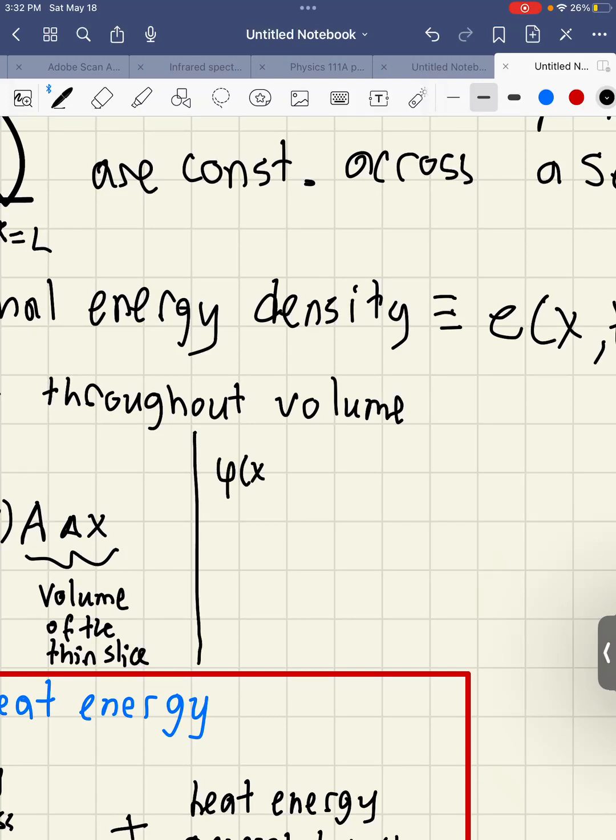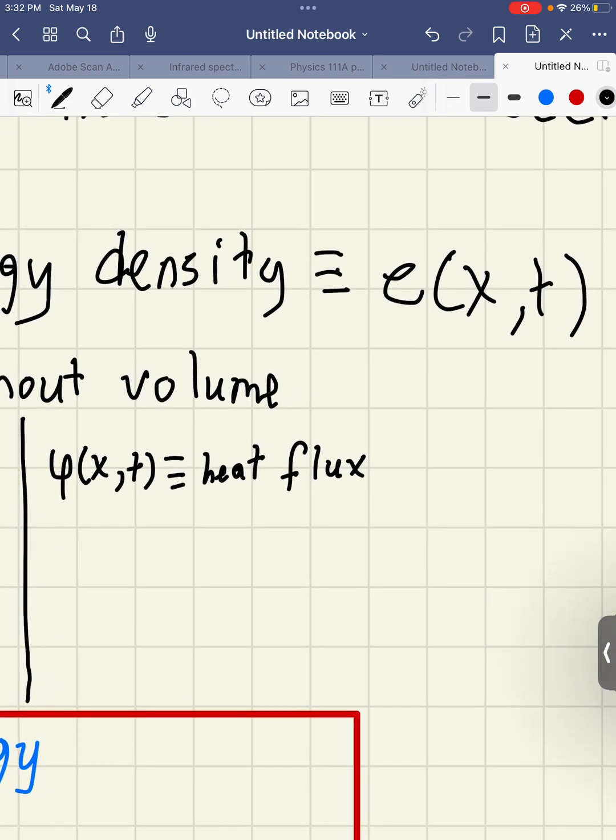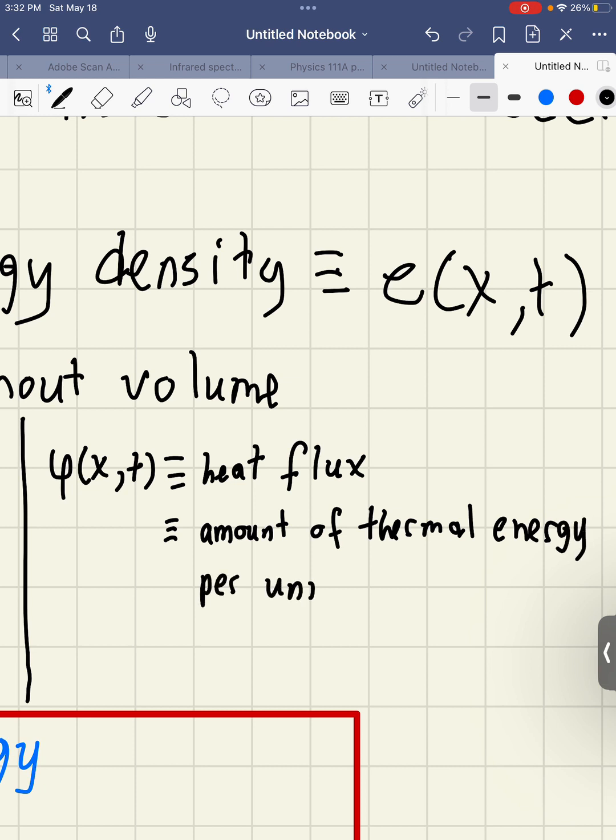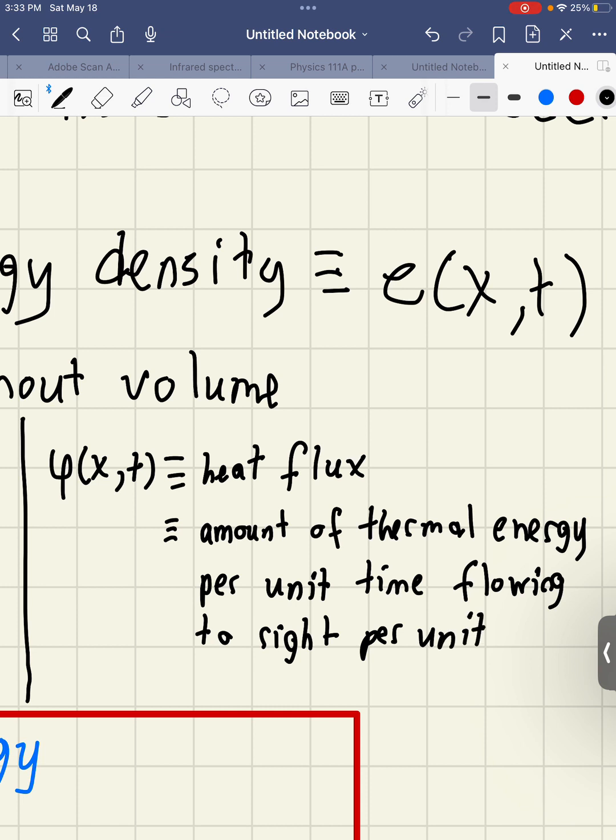The heat flux, which we'll define as phi of x, t, is the amount of thermal energy per unit time flowing to the right, in a certain direction, but in this case to the right, per unit of surface area.